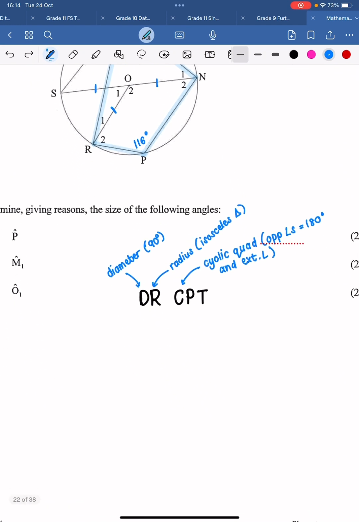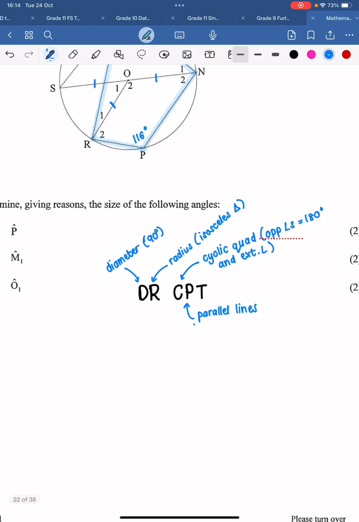Last two letters, P is parallel lines. And guys, it's actually so useful if you identify your parallel lines right at the start, because when you have lines that are parallel, there are so many things that you can do with that. You can work with alternate angles. You can work with corresponding angles.